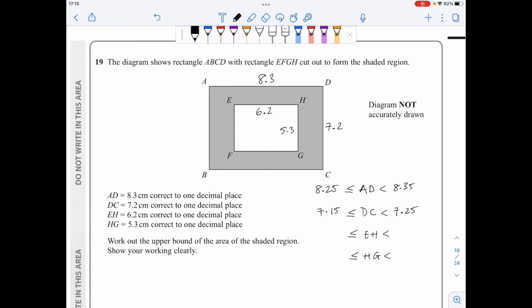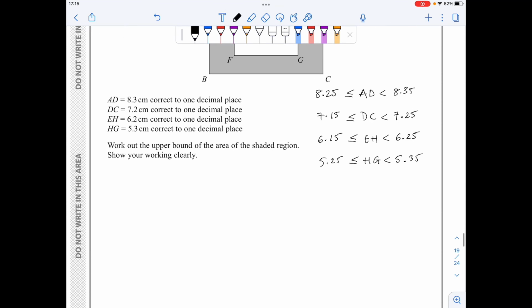For EH, lower bound 6.15, upper bound 6.25. And finally for HG, lower bound 5.25 and upper bound 5.35.